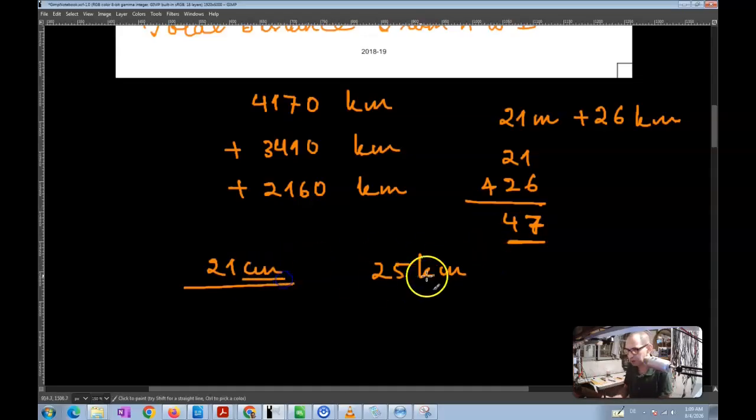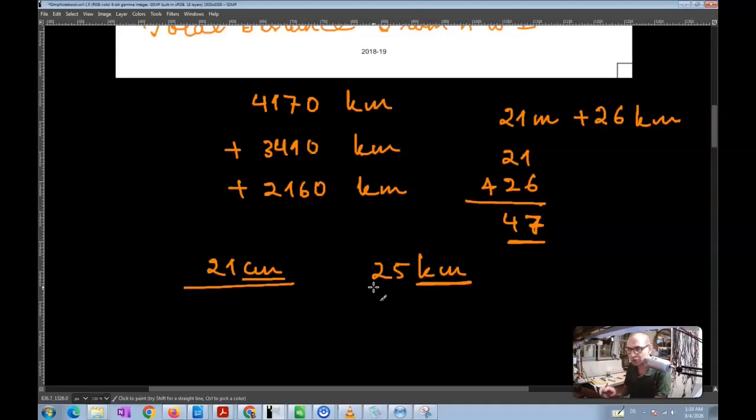So the centimeter and the kilometer are two different units, and as a result you cannot combine them together. It's just simply not possible, right?